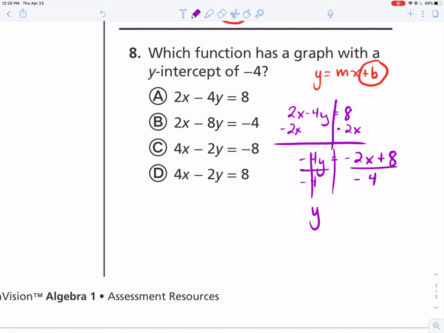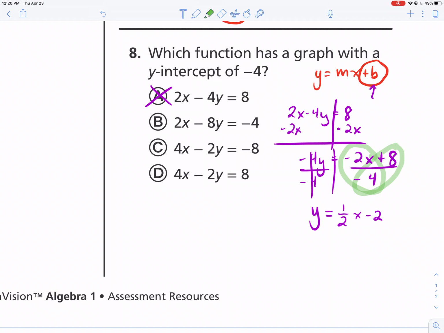These cancel out, and I get y equals, now remember our butterfly, I have a negative over a negative, which gives us a positive. We're going to reduce that fraction to give us 1/2 x. And I'm going to do my butterfly again, and I'm going to have 8 divided by -4, which is going to give me -2. So my b in this case is -2, so A does not work.